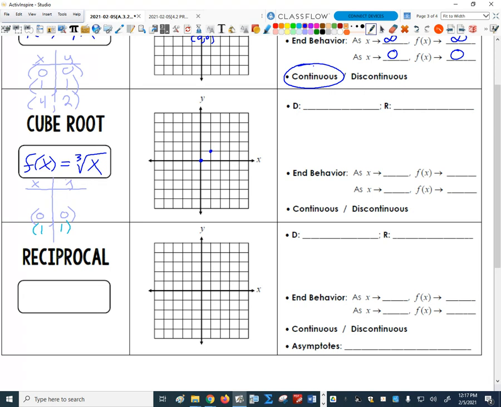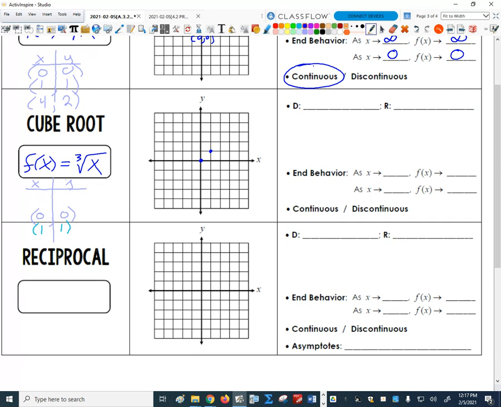What would be the next convenient point? I can't pick 4 because the cube root of 4 is some weird decimal. What's the first number above 1 that has a convenient cube root? 8. Good. Cube root of 8 is what? 2. Good. Okay, because 2 cubed is 8.